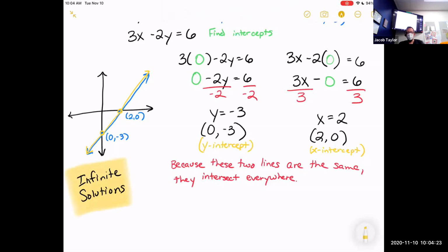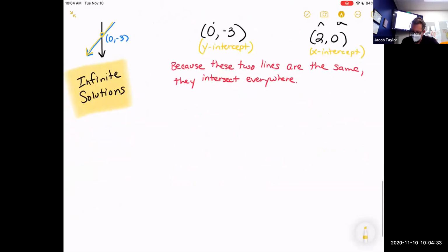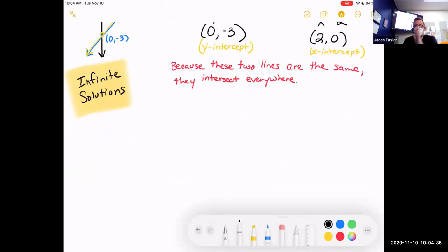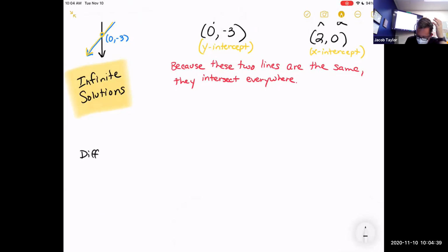So when you are solving a system of equations, by graphing or any other method, any system of linear equations, there are three possible outcomes. Possible outcome number one is that the two lines have different slopes. Lines with different slopes would look like this.